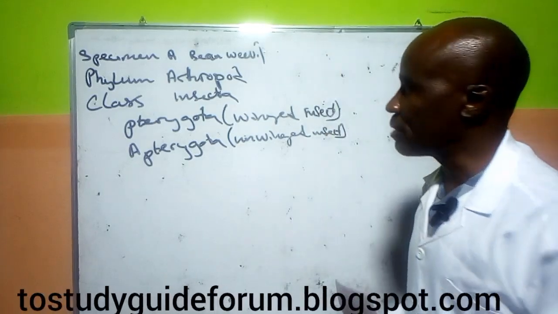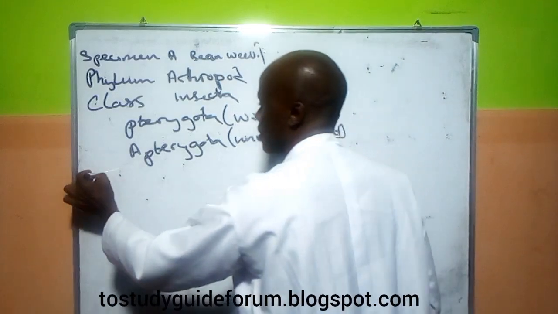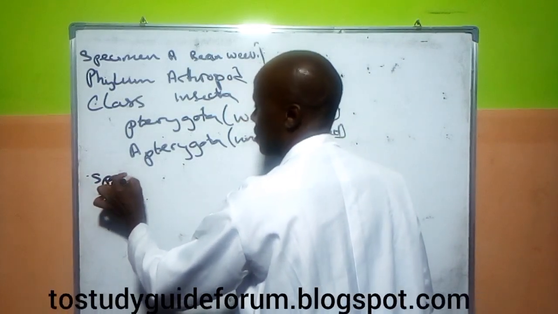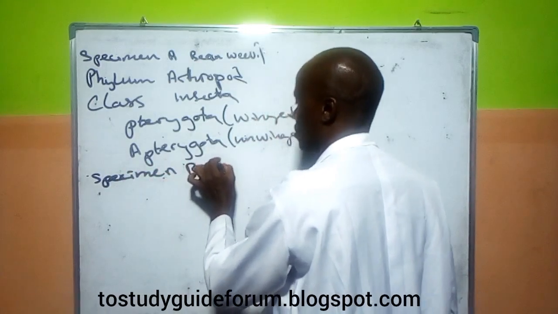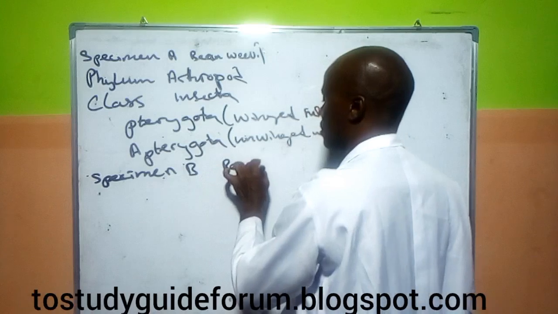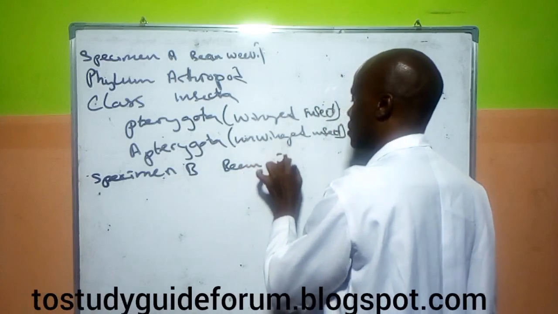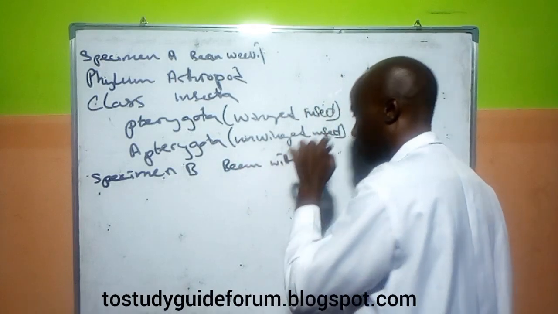Now the next specimen we have is specimen B, which is what? Beans with holes.